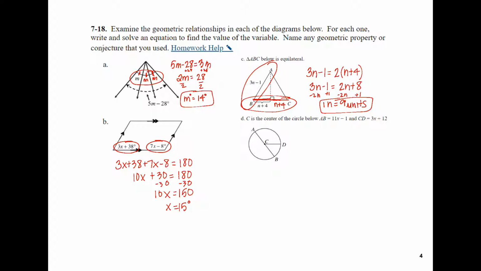In letter D, C is the center of the circle below. AB is equal to 11x minus 1, and CD is equal to 3x plus 12. We know that the radius is half of the diameter, so if we multiply the radius by 2, we can then set it equal to the diameter. Distribute.